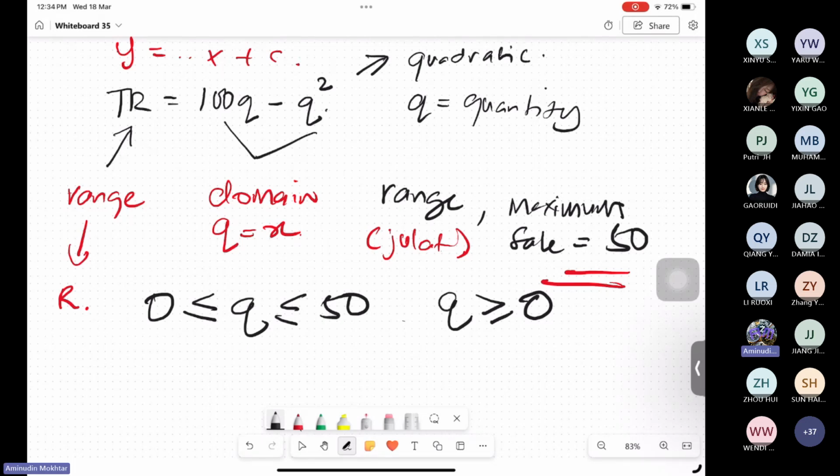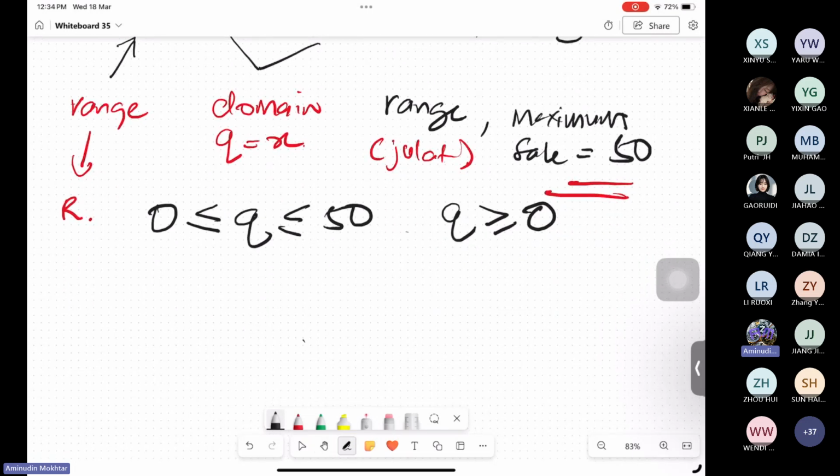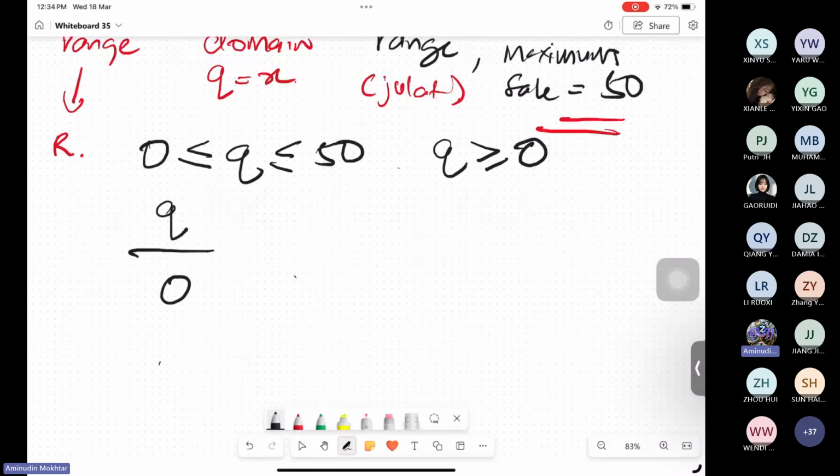So we need to substitute Q equals 0 and Q equals 50 into the equation. We have two values here for Q because Q is between 0 and 50. So we need to identify what is TR.